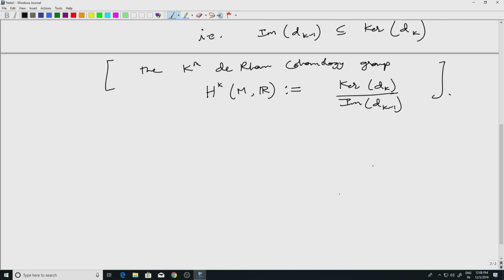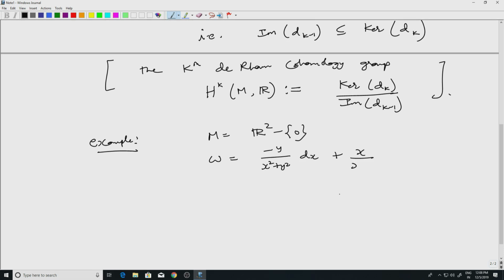But let me give an example. Let's take our underlying manifold to be R2 minus 0, the origin, and I'll take the specific one form omega equals minus y by x squared plus y squared dx plus x by x squared plus y squared dy.